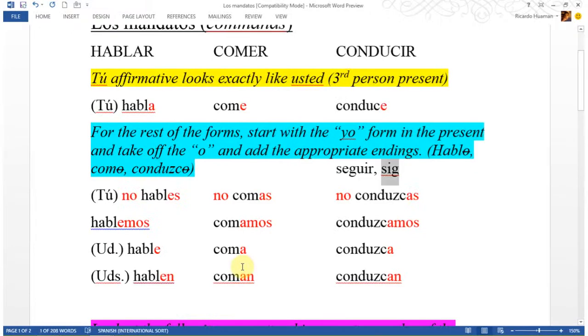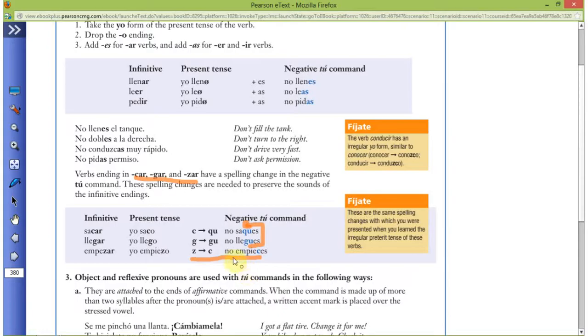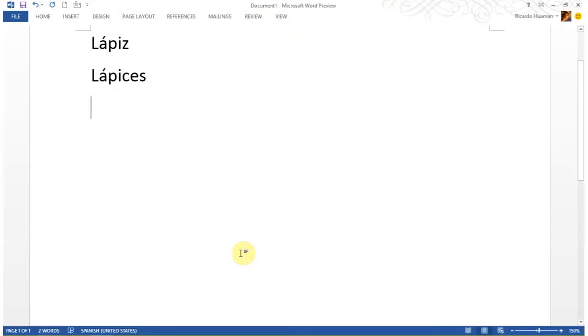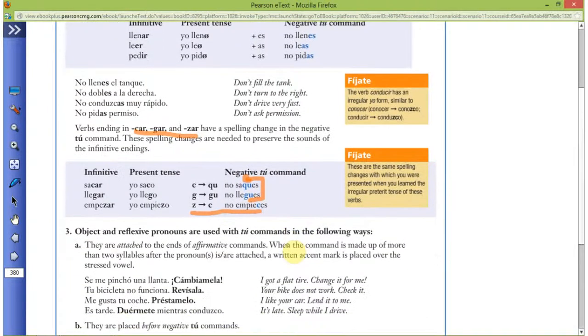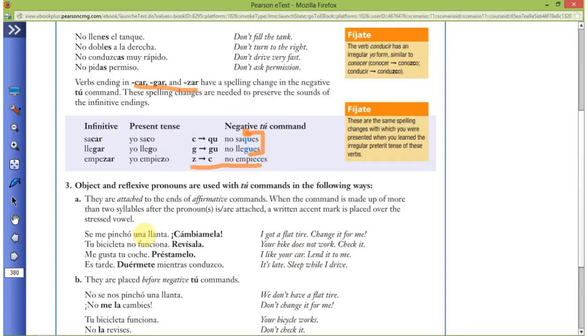So that's the simple reason why no empieces doesn't have a z. This comes from empezar, which has a z. We don't like to have ze together, so we change that to c. These are for pronunciation again. Okay, and we'll come back to that in a minute.